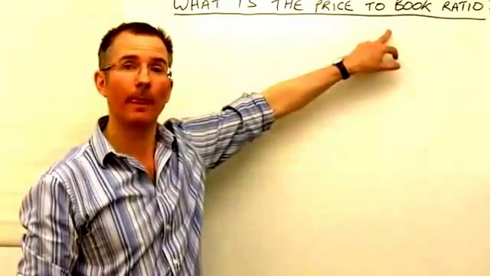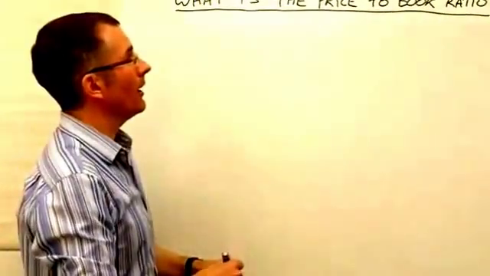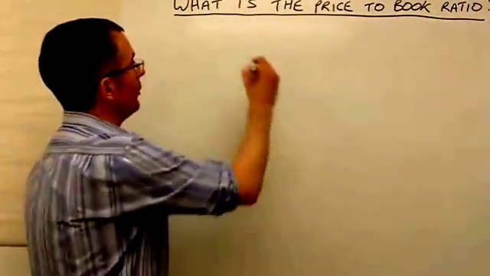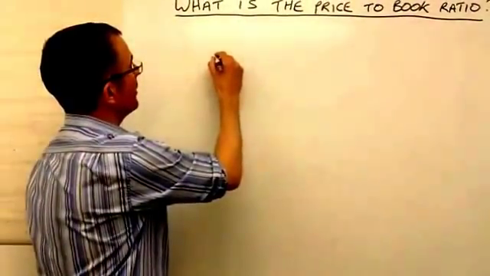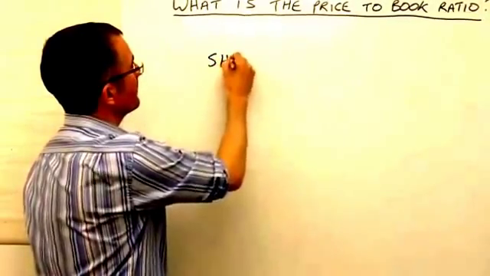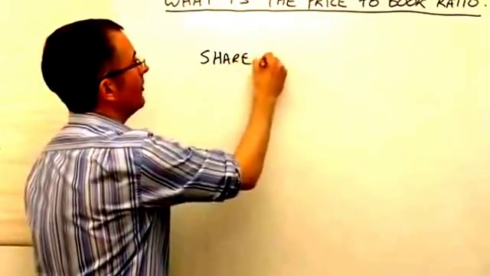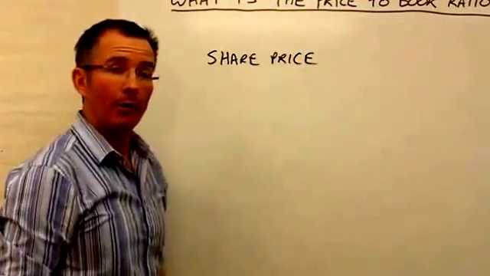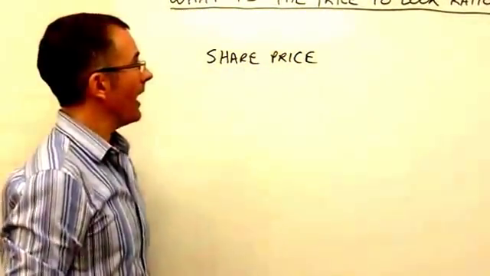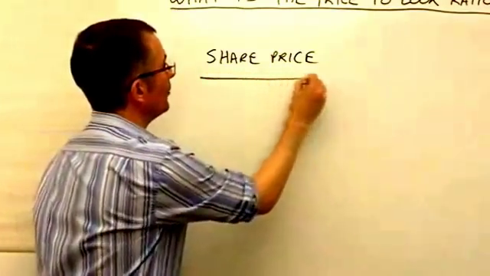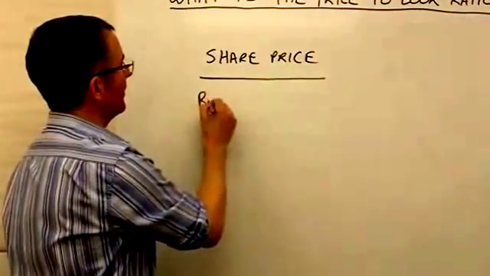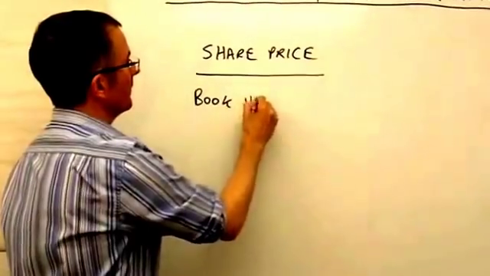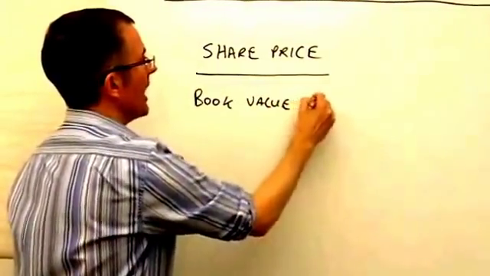How does it work? Well, in simple terms, the way you would calculate it is you would take the current share price, that's the one that's available every day from a Bloomberg terminal or perhaps the FT, and you'd compare that to something called the book value per share.